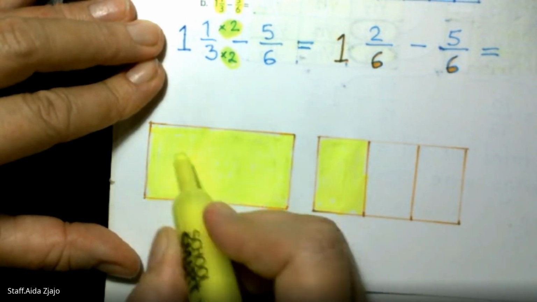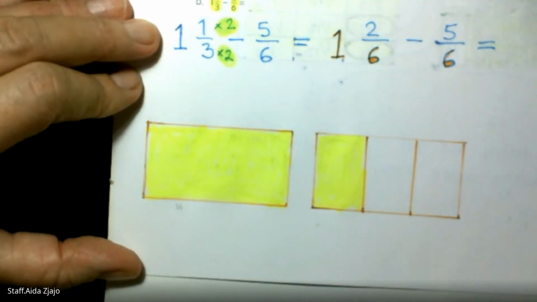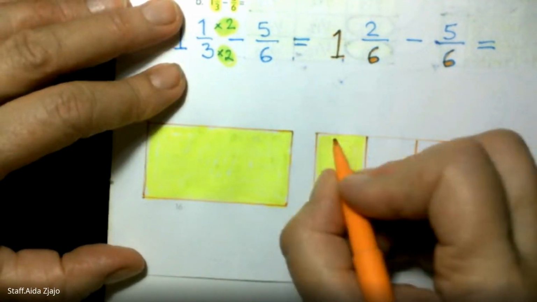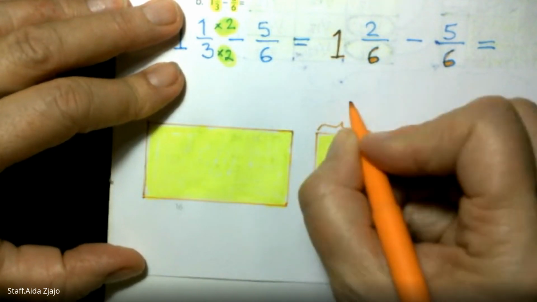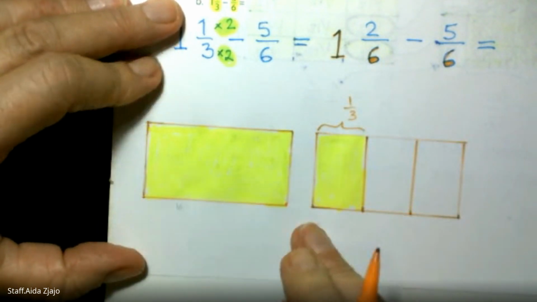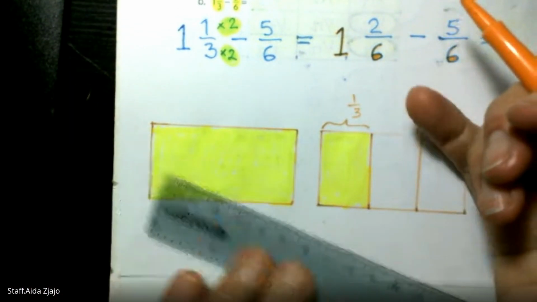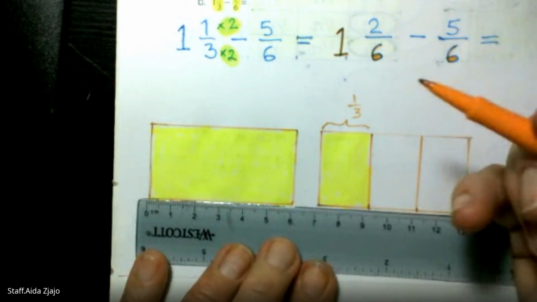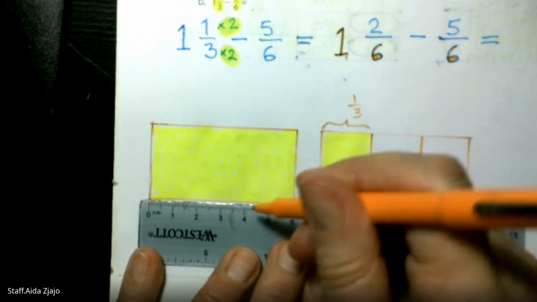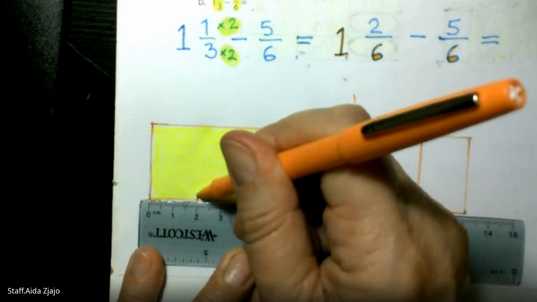So first I'm going to think, oh, if these are the thirds, I want to make the other ones also thirds. I'm going to cut my whole open, and my whole is going to be in 3 pieces.